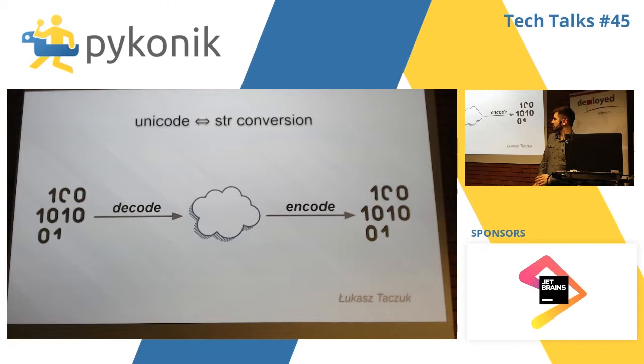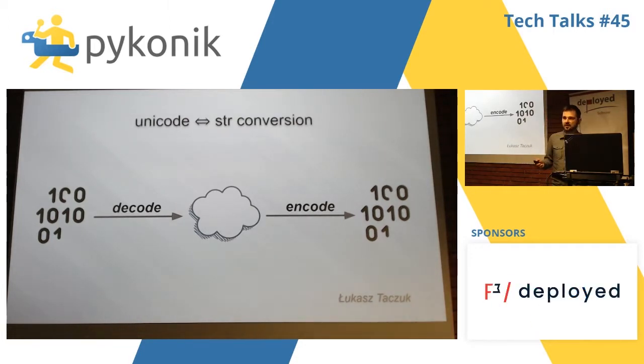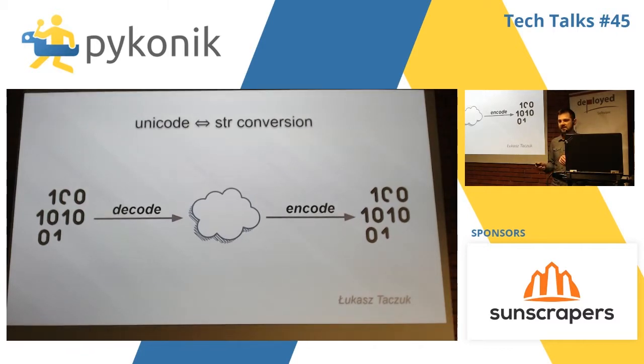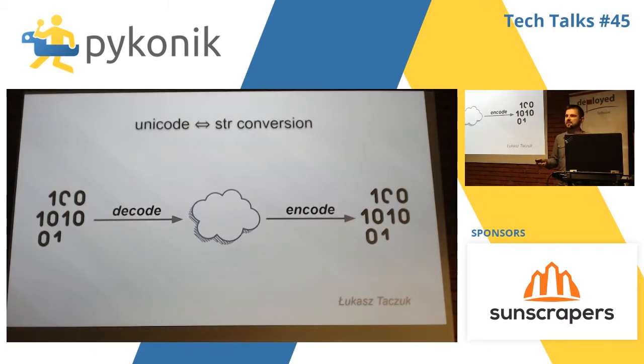When you write your programs, what you get from the outside is an array of bytes, be it from the network or from a file. This is the str. What you should strive for is to decode as early as possible to get the Unicode object.